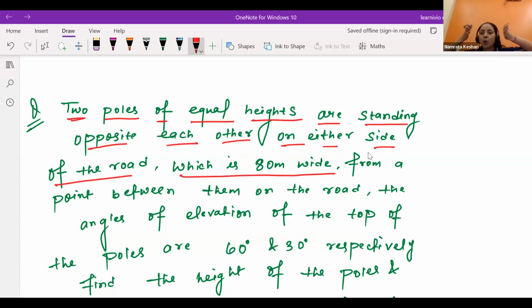So there is a road in between which is 80-meter wide, and on one side of the road there is a pole, on the other side there is another pole, and both poles are the same height. Is this much clear to all of you? Yes. Yes, ma'am. Okay, let's continue.